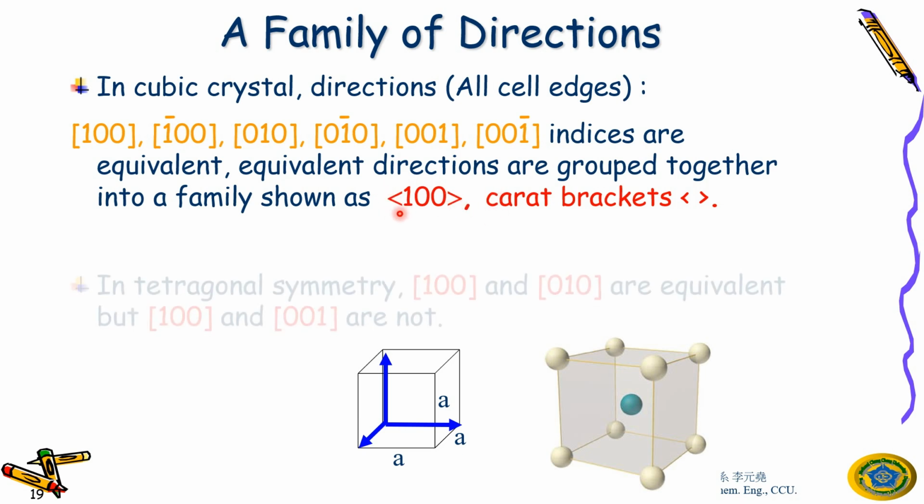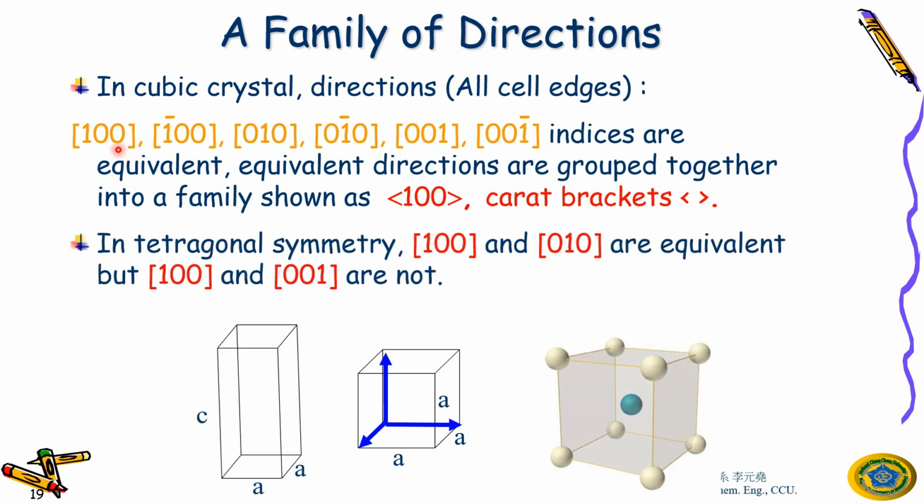Okay, it's a group of the directions, which is talking about the same thing. How about this? In a tetragonal system, how about this? This 1 0 0, 0 1 0 and 0 0 1, they belong to the same family, which is angle bracket 1 0 0 angle bracket.